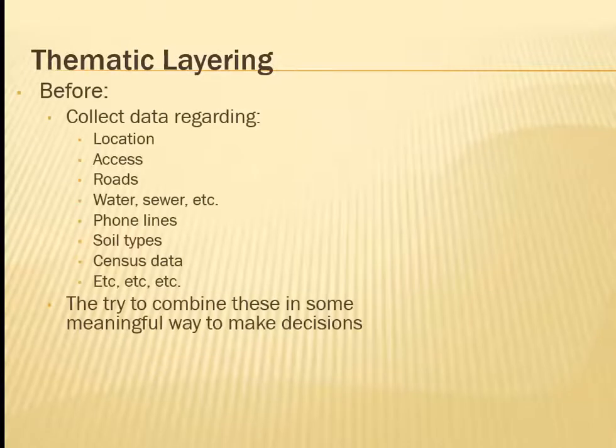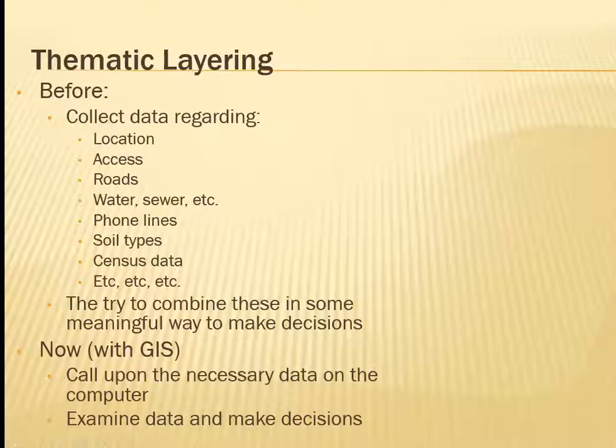So GIS works with thematic layering, which is, so before, you would collect all this data about location and access and roads and water and sewer. Let's say that you're trying to build a hospital. Phone lines, soil types, census data, and you would try to combine those in a meaningful way to make decisions, but that was really hard to do.